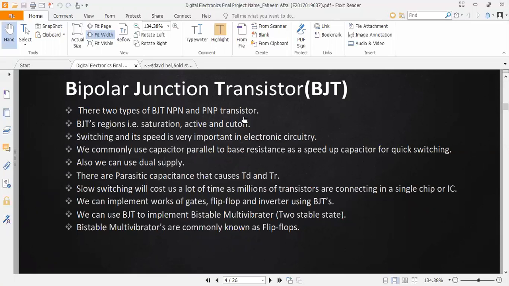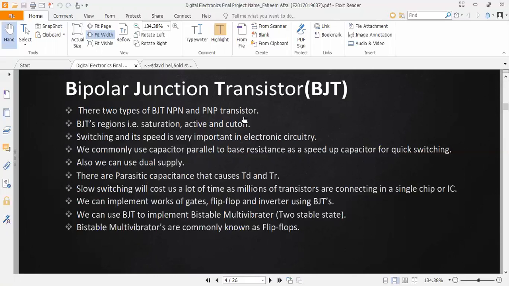We use a speed up capacitor parallel to the base resistance for quick switching. There is also some parasitic capacitance that causes delay in rise and fall times.